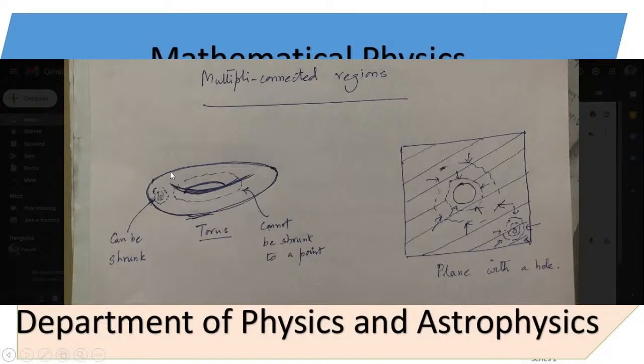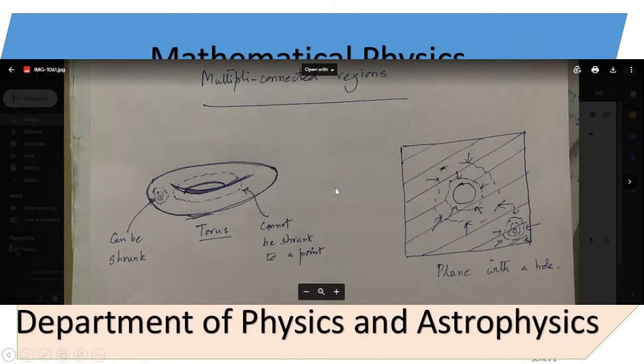However, consider a contour which goes all around on the surface of the torus. That cannot be shrunk to a point, because if you try to shrink it, soon you will enter this rim. And furthermore, if you try to shrink it, you will go out of the ring ball. So these are examples of not simply connected regions. Okay.